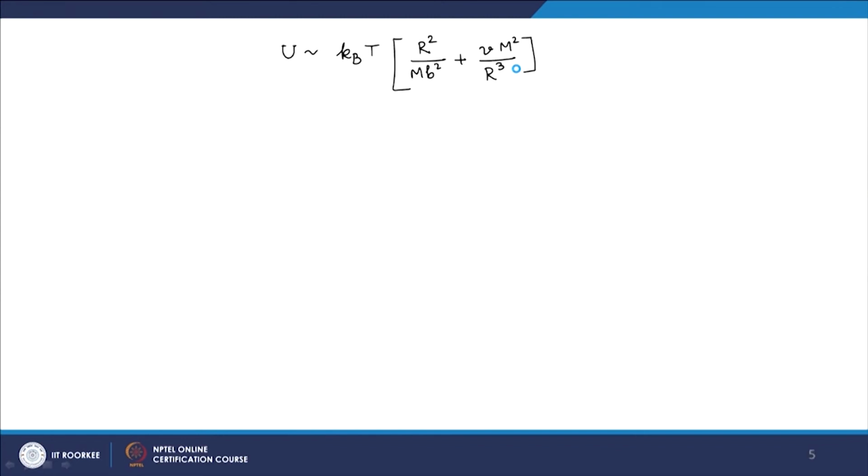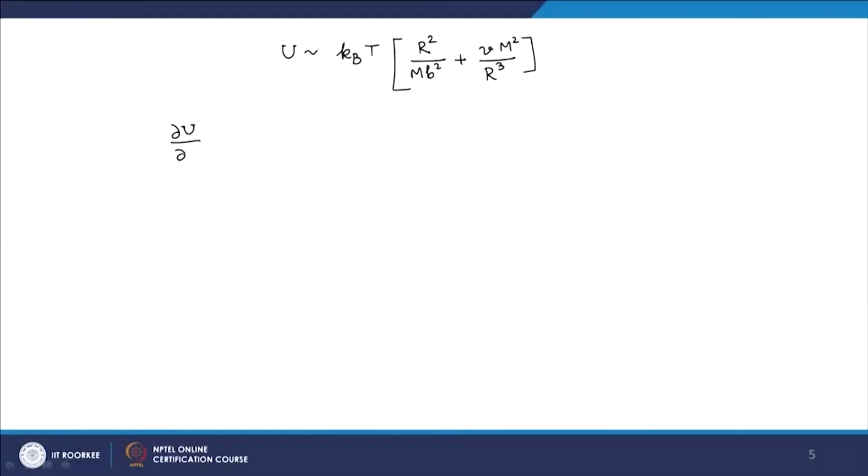Okay. Now we use the idea that the chain will like to minimize its energy, that is a standard thermodynamic approximation. Things like to go towards the minimum of free energy, and I can do that by taking a derivative with respect to r. The size will be such that it will minimize the free energy, and that we can get by dou u by dou r equal to 0.